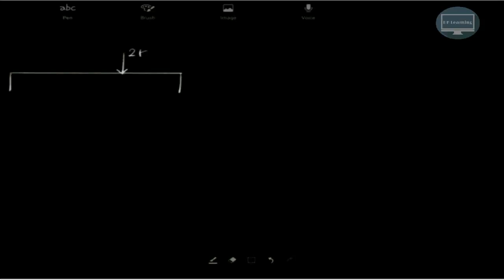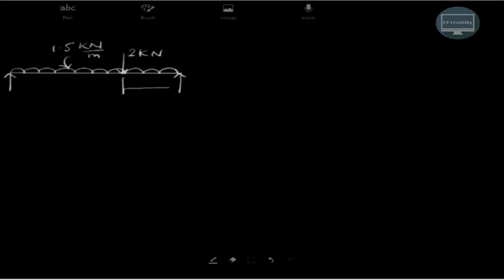So this is the point load of 2 kN. These are the reactions at the support, and along with this it has the uniformly distributed load of 1.5 kN per meter.